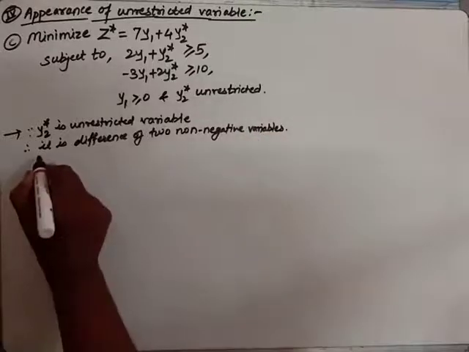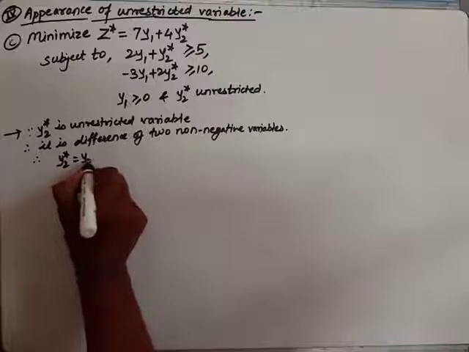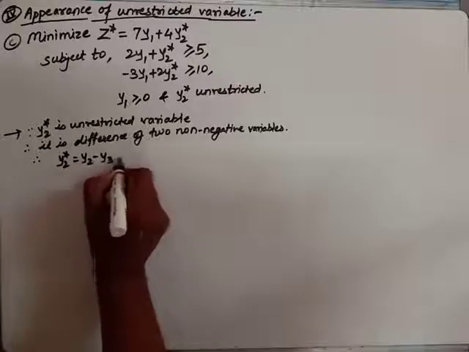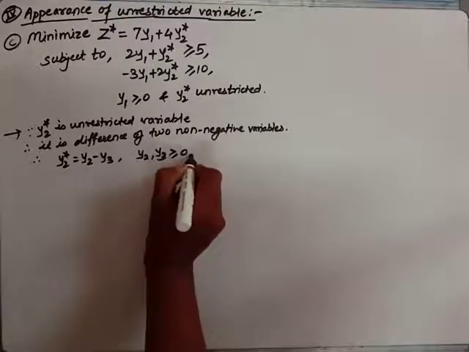Okay, therefore let it be y2 star is equal to y2 minus y3, where y2, y3 are greater equal 0.